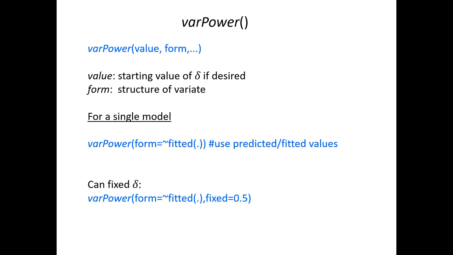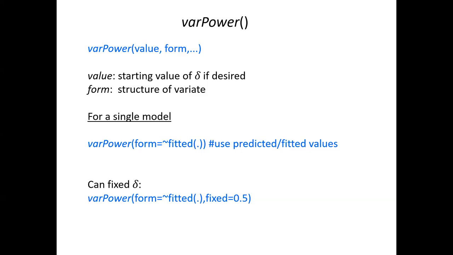I don't quite understand their models, but you could include those too. But in our case, we wanted the fitted. You want to use the fitted function here. So the variance power form is this form: equals tilde fitted with parentheses and a dot. So that references the fitted values that they're using in the model.